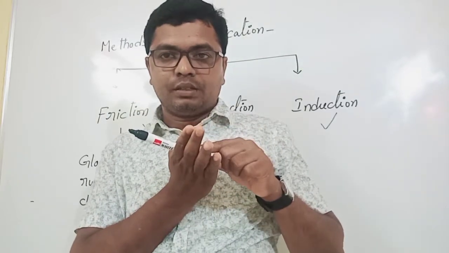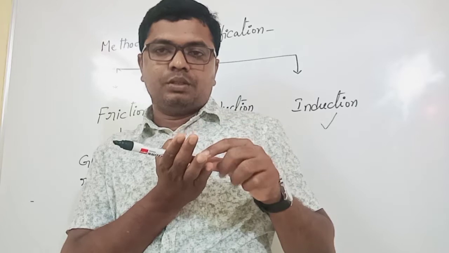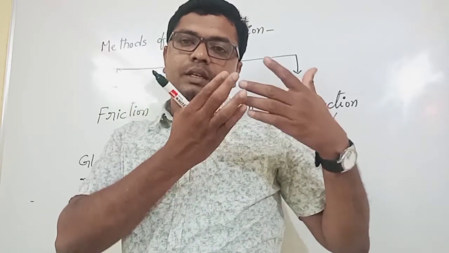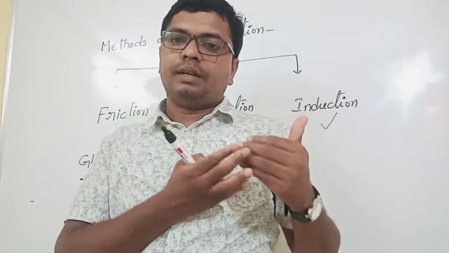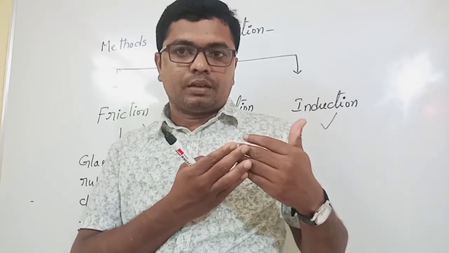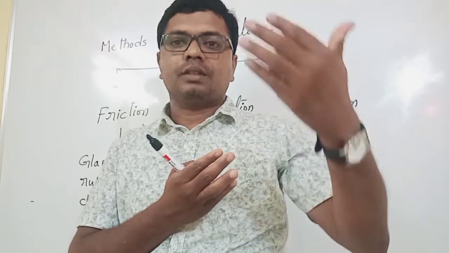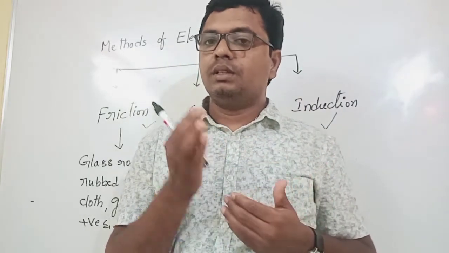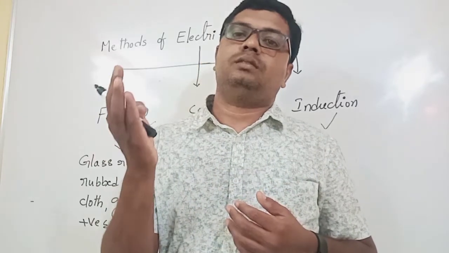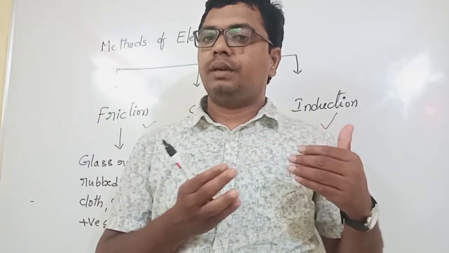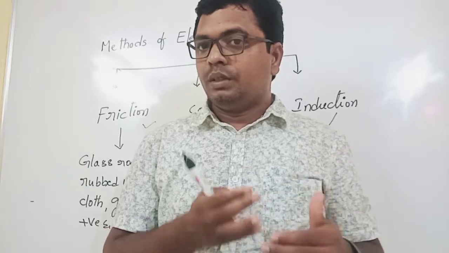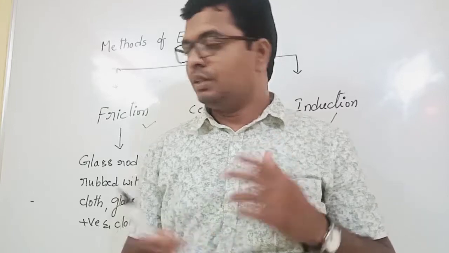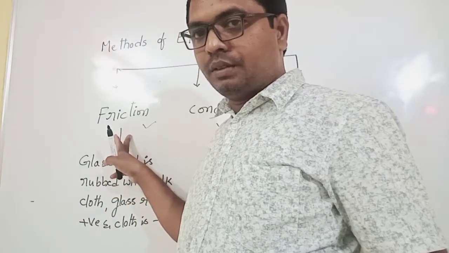Because of that, heat is produced, and the glass rod releases electrons. That means the donor is the glass rod. Those electrons are accepted by the silk cloth, so the acceptor is the silk cloth. That means the silk cloth becomes negative and the glass rod becomes positive. So this creation of positive and negative charges takes place due to friction.